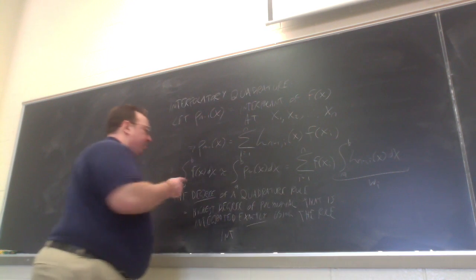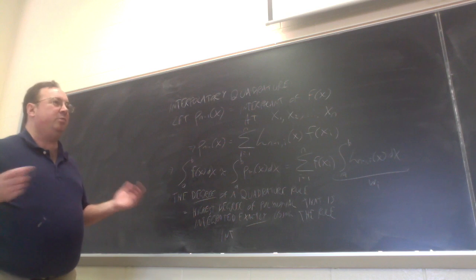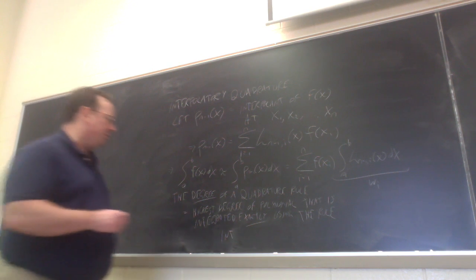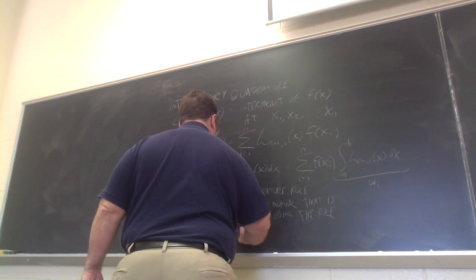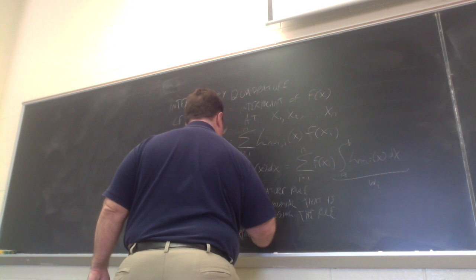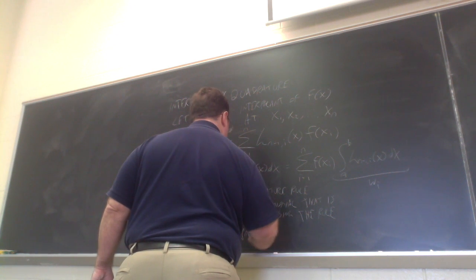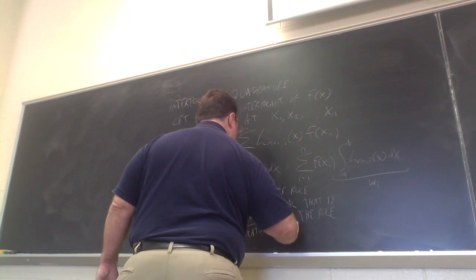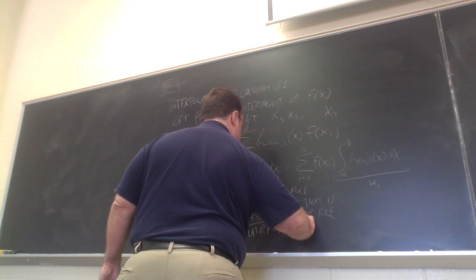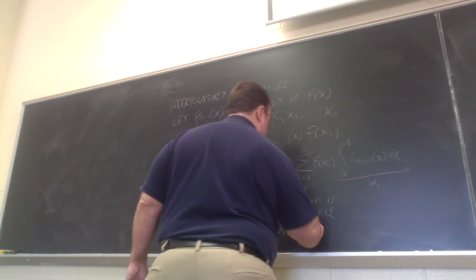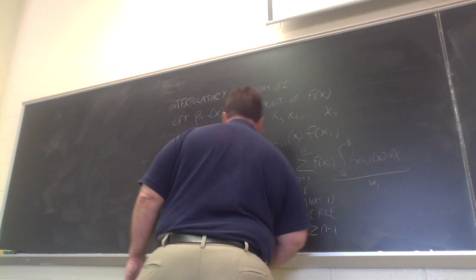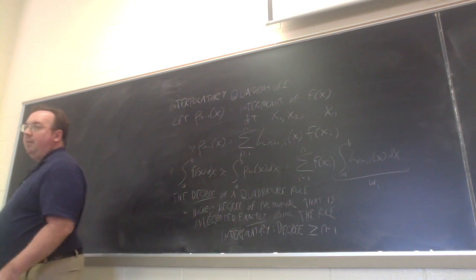Now the term degree of a quadrature rule can be applied to any quadrature rule, but when we're talking about interpolatory quadrature rules specifically, we can say that the degree is always greater than or equal to n minus 1.